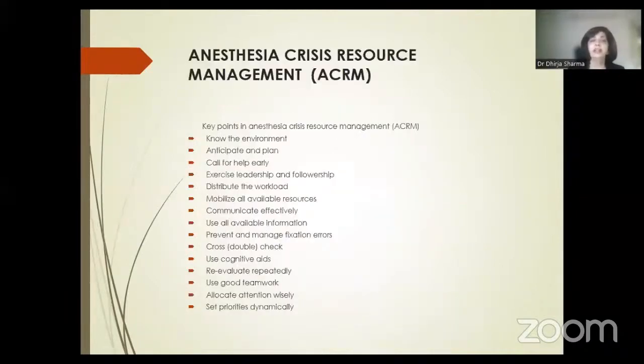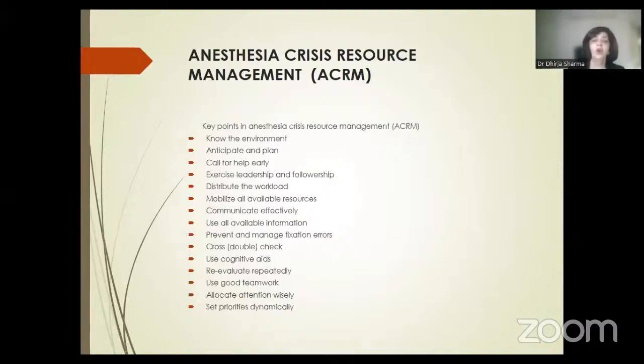Quickly, I'll talk about anesthesia crisis resource management. This was done by Gaba and uses the case simulator. In this ACRM, the trainee needs to know the environment, anticipate, and plan. So this is a complete simulation of the entire teamwork and entire situation.